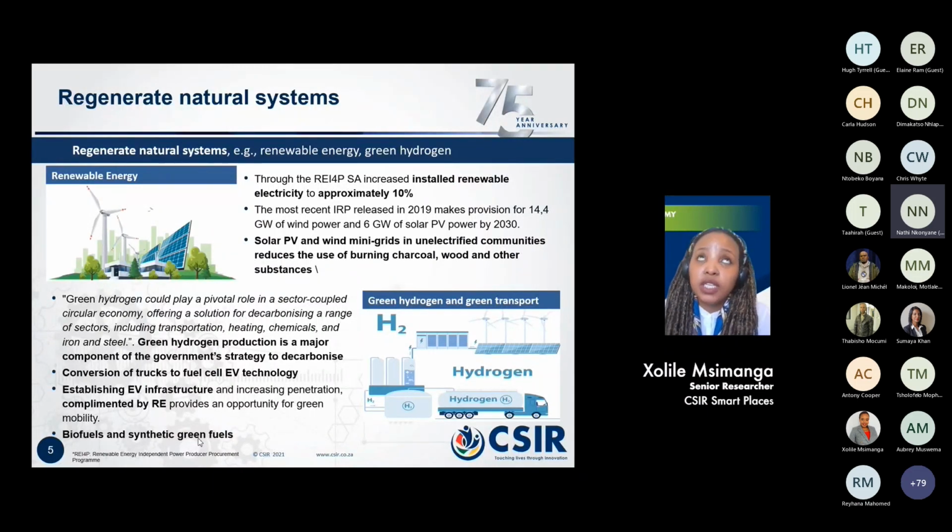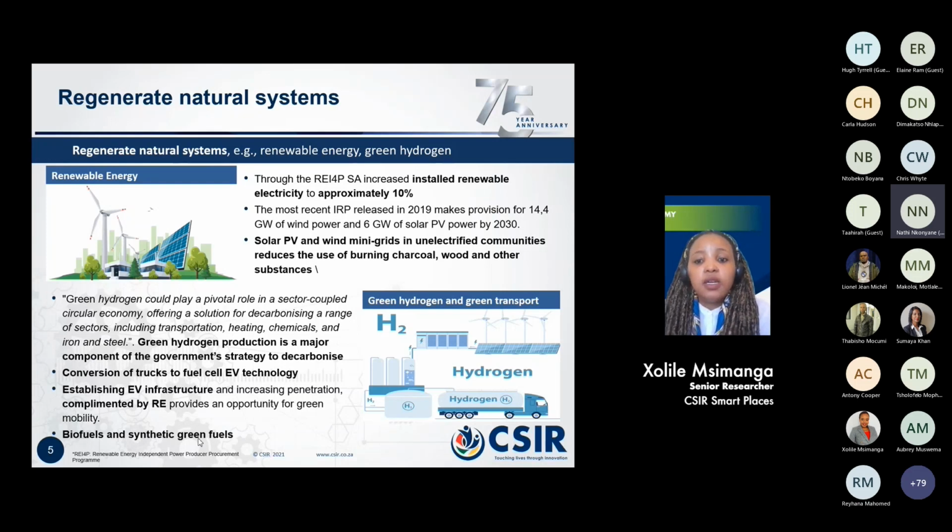Before 2011, the installed capacity in South Africa for renewable energy was less than 1%. However, it currently stands at approximately 10%. And with the new IRP determinations of 14.4 gigawatts for wind power and 6 gigawatts for solar power by 2030, this will increase to 33% by 2030.